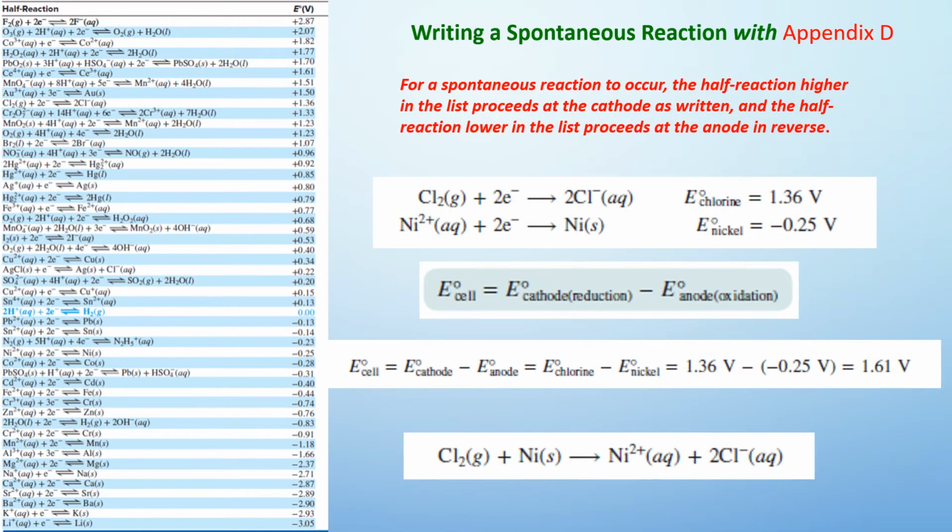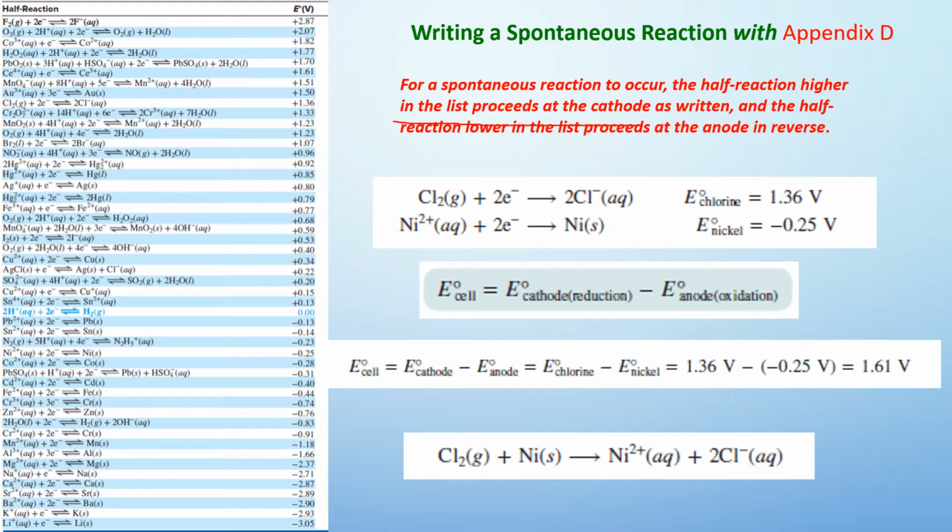With the help of this Appendix D, we can also write a spontaneous reaction using these standard half-cell potentials. For a spontaneous reaction to occur, the half reaction higher in the list proceeds at the cathode.